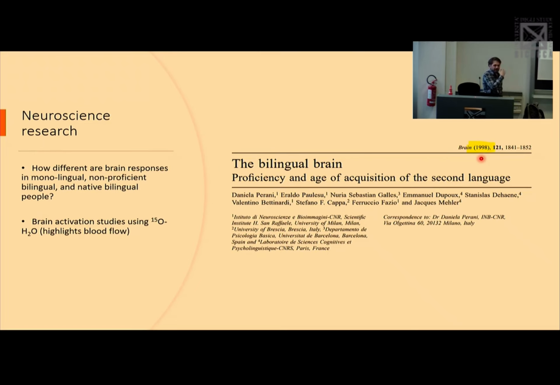You will see that they were taking a look at blood flow in the brains of bilingual and monolingual subjects, and seeing how it activated when a subject was exposed to his own language or a language he didn't know. And so they could see which parts of the brain were getting more blood flow and if this was different in people who knew a second language from when they were born, or late acquirers, or people that just didn't know it.